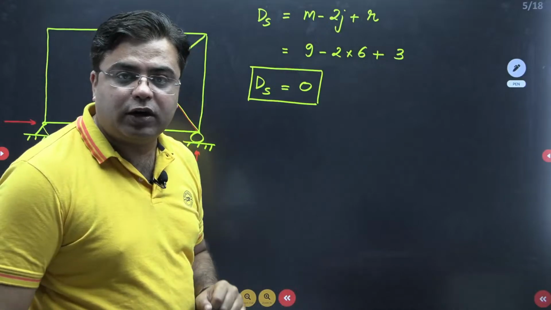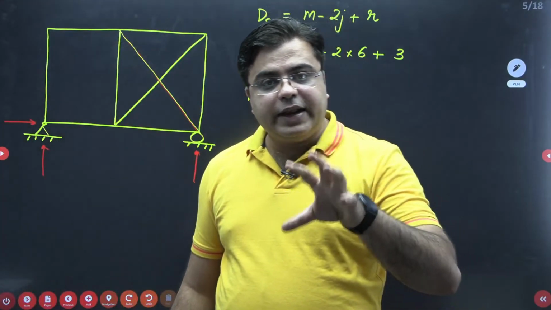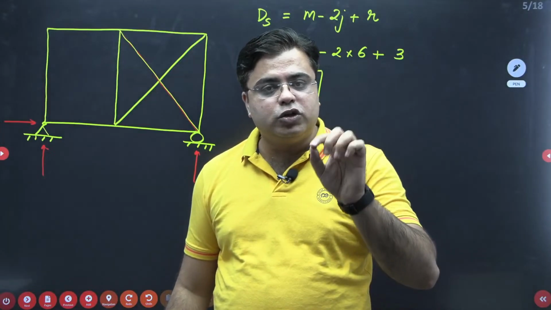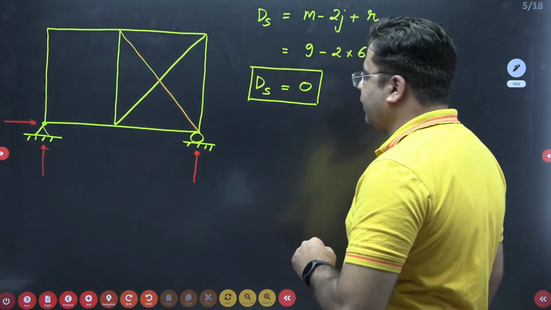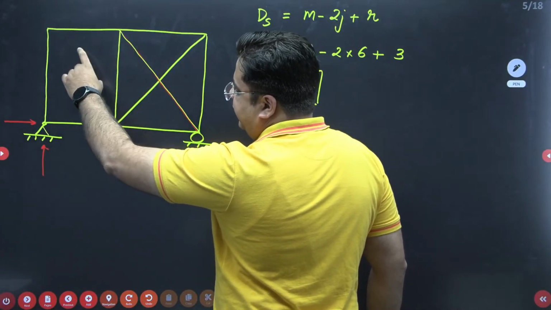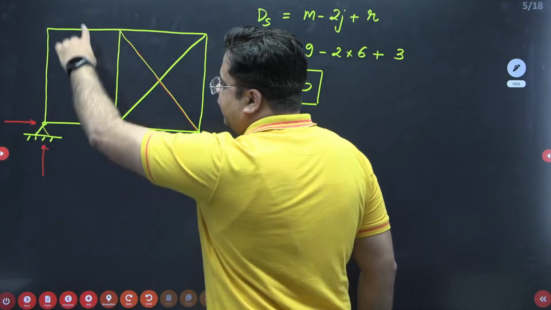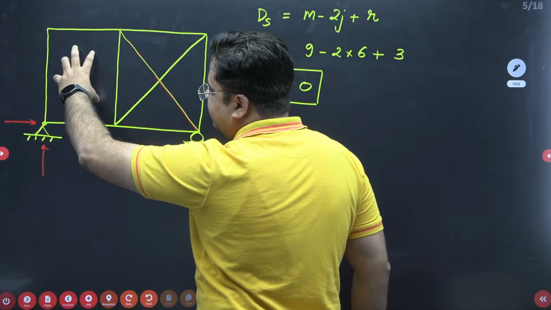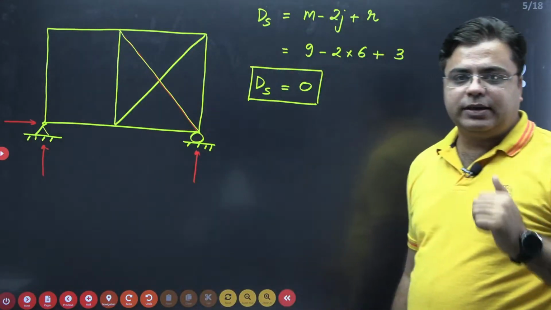Now to check the stability of the truss, the arrangement of the members should make a perfect truss, okay? If I talk about a perfect truss, you observe these 2 blocks, right? In the first block, there is no diagonal member. So if you apply any load, this block is going to distort and will create instability.